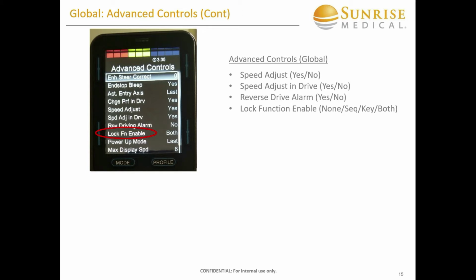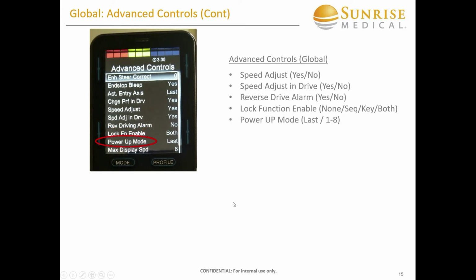If a kid's going to be out of a chair and they don't want some other kid to come and play with the chair, you can set that so that you can either have a key, which we don't sell, but you can get from PG Drives, or you have a sequence. So when you power it up, you have to do a sequence of forward and reverse in order to get the chair to unlock. So that may be something people want. You can set that up here as well.